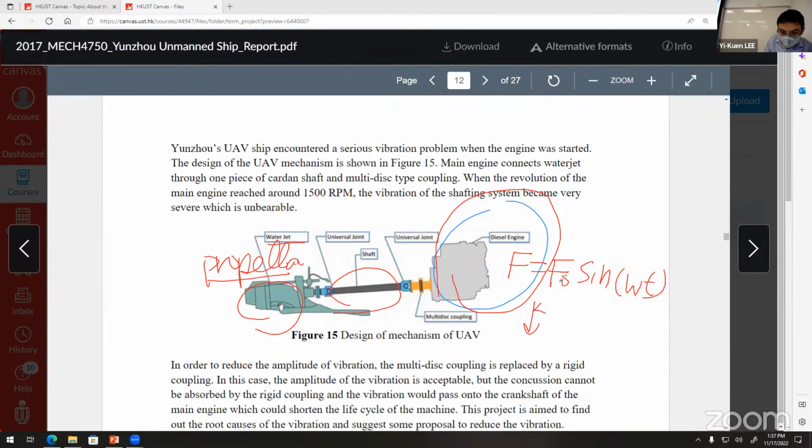Propeller. So at least when we think about the key components of the model, this is the first 1, 2, and 3. That's why I propose in the beginning that you think about the minimum degrees of freedom. From my point of view, consider M1, M2, and M3, a 3 degree of freedom model, to capture the dominant vibration of this ship.